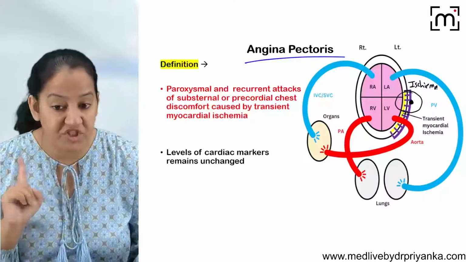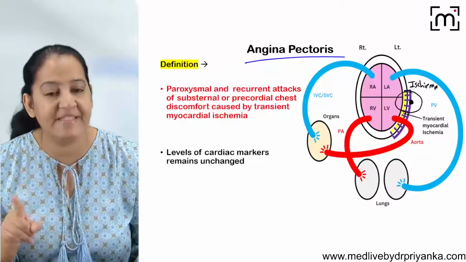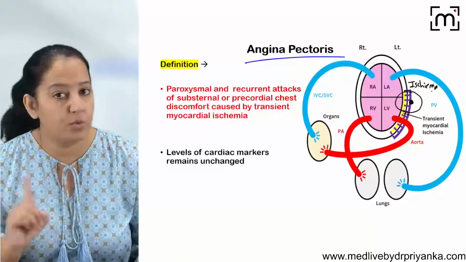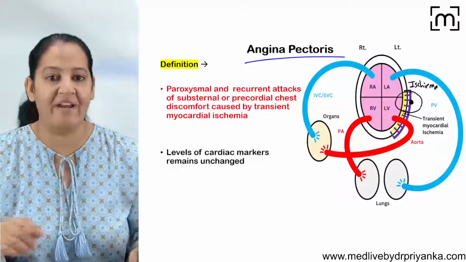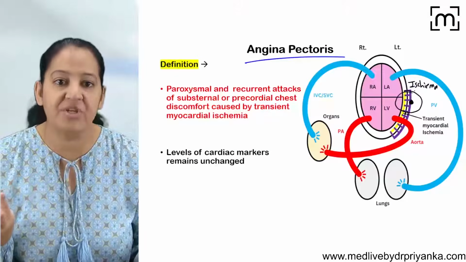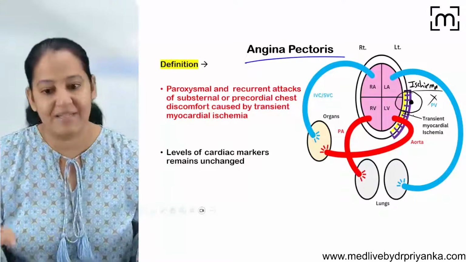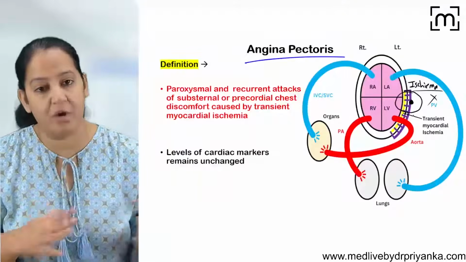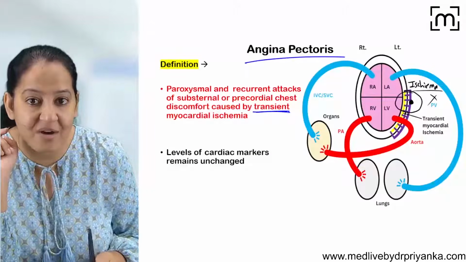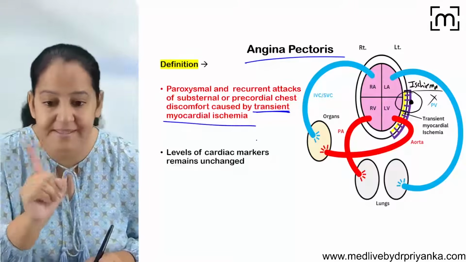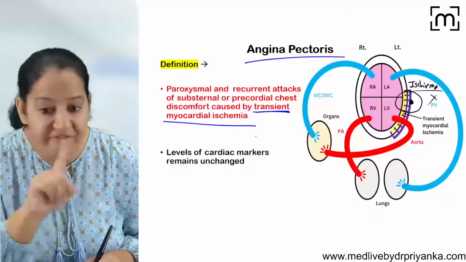They do not undergo infarction. Mind my words, I'm saying they undergo ischemia, they do not undergo infarction. There is transient ischemia, and once the blood supply is restored, the ischemia goes away. That's why it comes in attacks. I will explain how the ischemia goes away. So you have to highlight the word: there is transient ischemia. It is not persistent. It is not permanent. And there is no infarction.